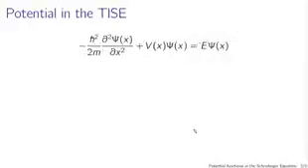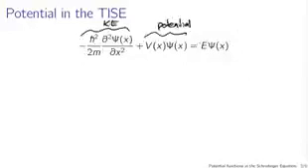Most of the time, we work with the time-independent Schrodinger equation, which looks very similar. Again, we have a left-hand side given by the Hamiltonian. We have a kinetic energy here, and we have a potential energy here. If we're going to solve this time-independent equation, note now that the wave functions here are expressed only as functions of position, not as functions of time.